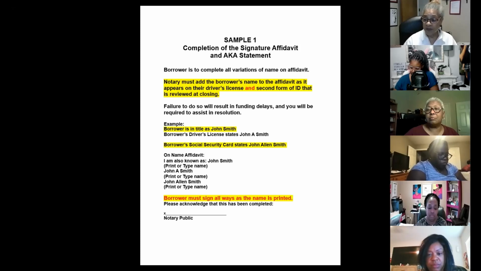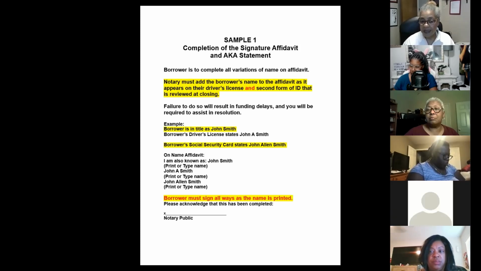Then his name is printed there, or if it's not printed there, in these instructions, you're going to print that name on that name affidavit, and then you will have him sign according to the way his name is shown on those IDs and on the documents within this packet. And then, of course, it tells you the borrower must always sign as the name is printed. And then you're going to acknowledge that you've done that.